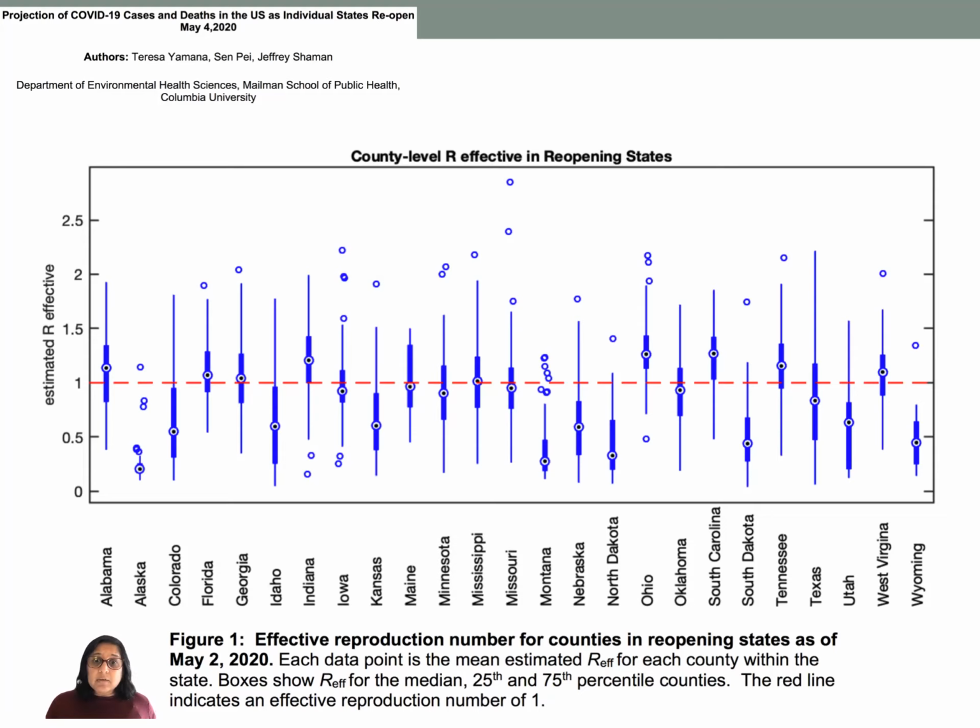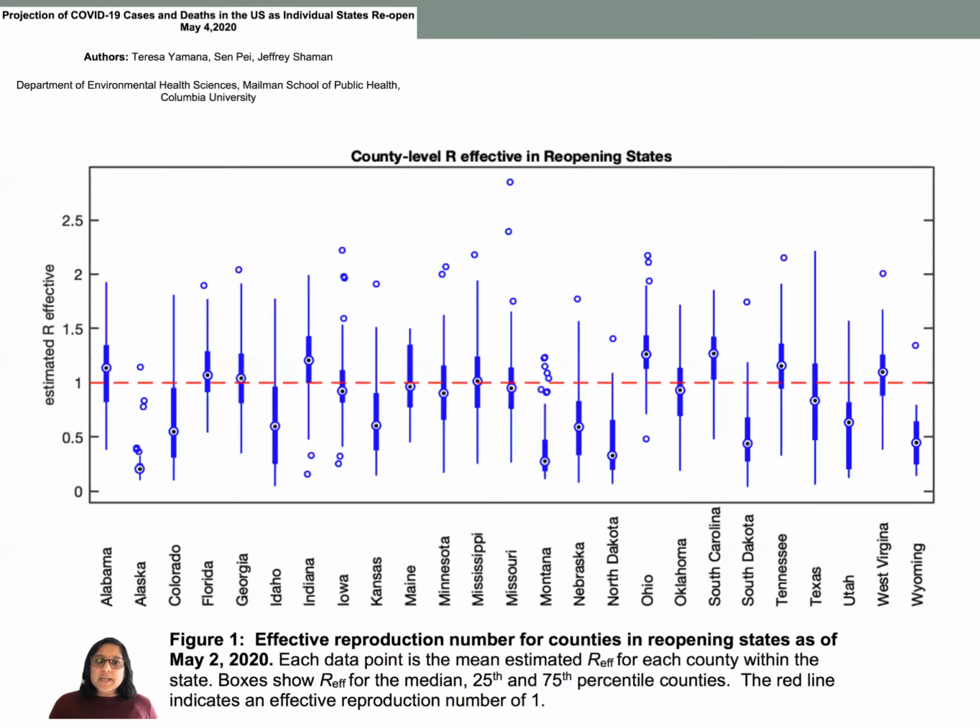And if it's less than 1, it means that the epidemic is shrinking in size in that state. And then these blue bar lines around each of these small circles are the error bars, or confidence intervals. No, let's see, they are the 25th and 75th percentiles. So this is sort of the range within which the R naught lies.